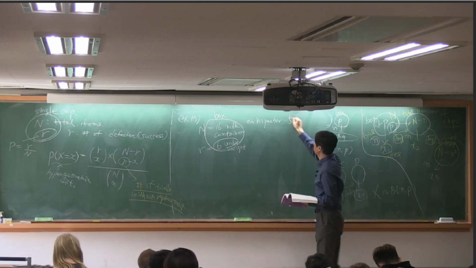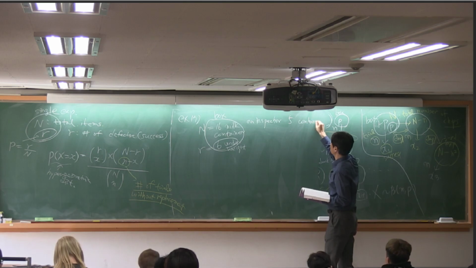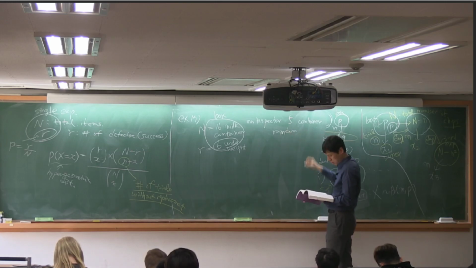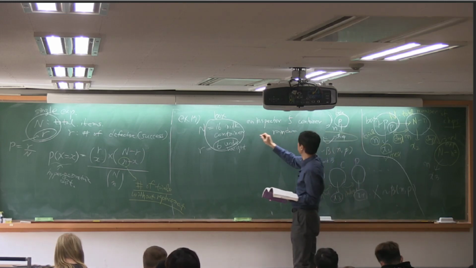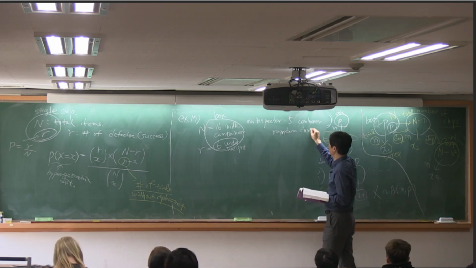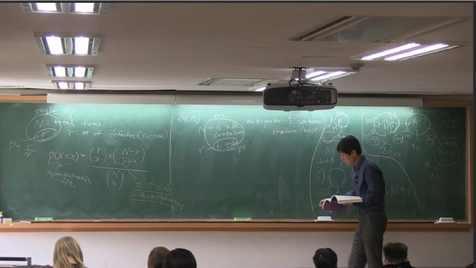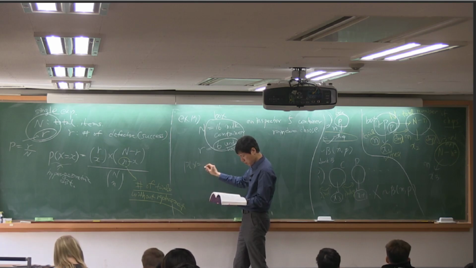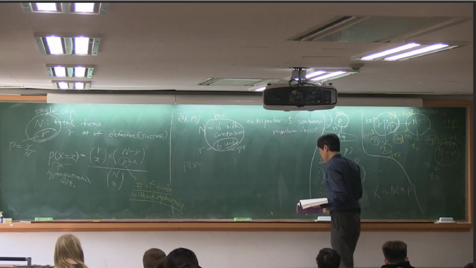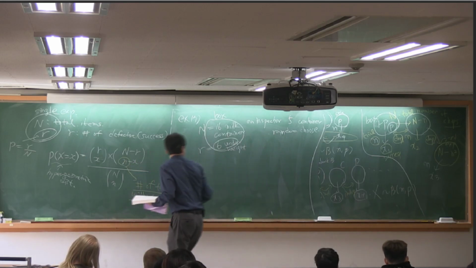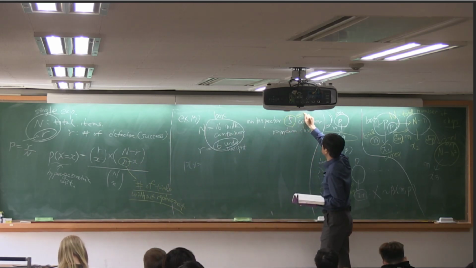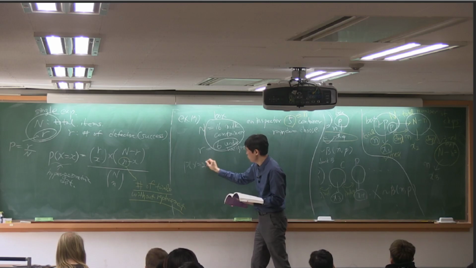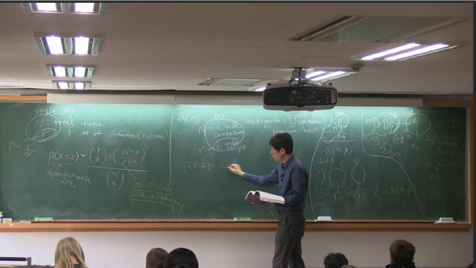The probability that X is, for example, 2: that means 5 containers chosen randomly, which is the number of trials n.